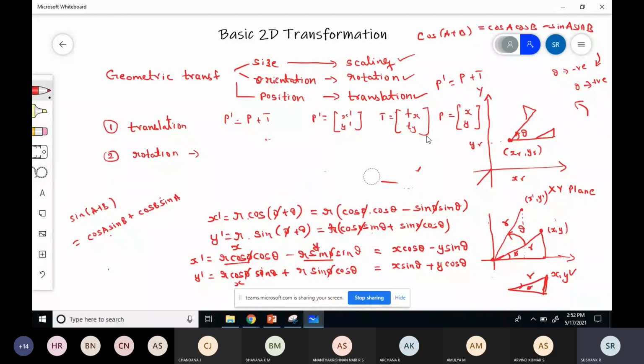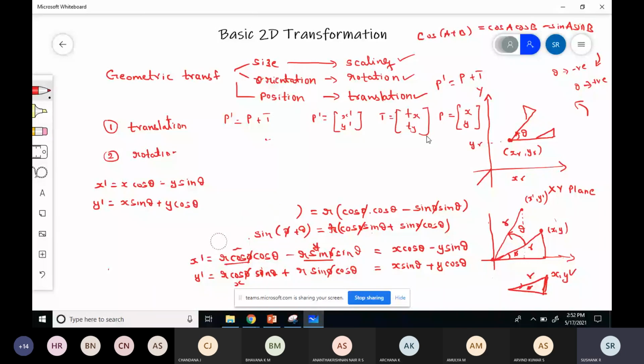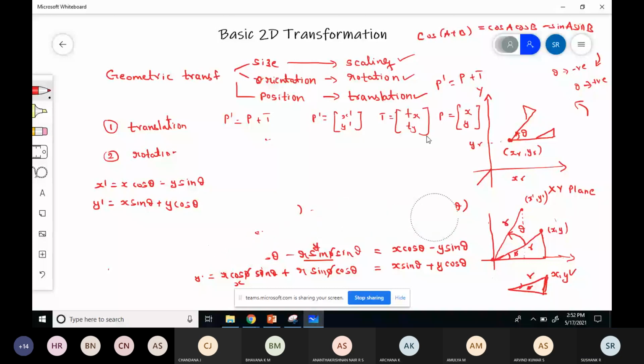I've written x dash is equal to x cos theta minus y sin theta, and y dash is equal to x sin theta plus y cos theta. Now I'm simplifying this.